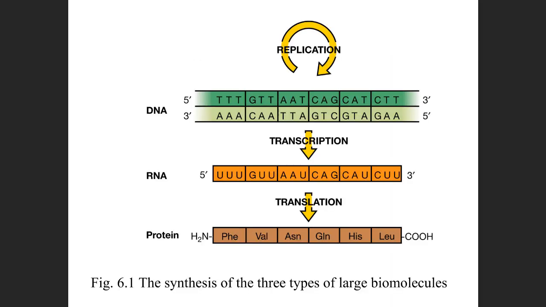As an introductory, this is a figure that you probably, or it's called the central dogma, that you've heard probably since high school. And so genetic information is carried in the DNA, and then it gets replicated so that it can be passed from one generation to the next, or from one cell to two cells in our case, when we think about bacteria.